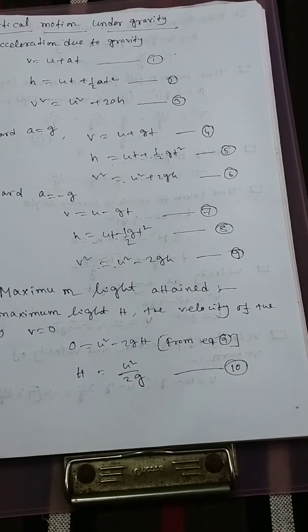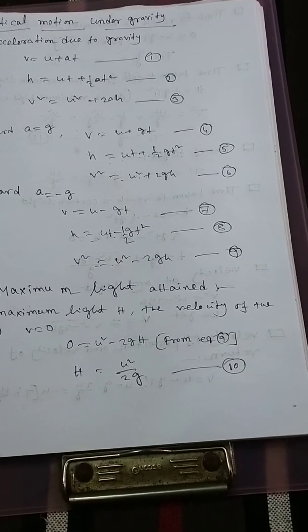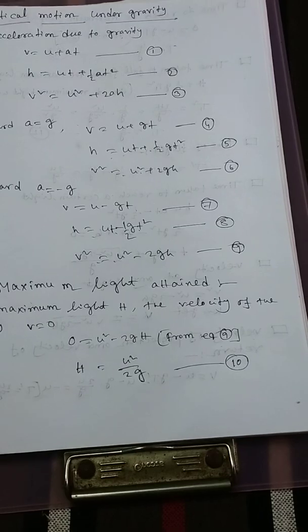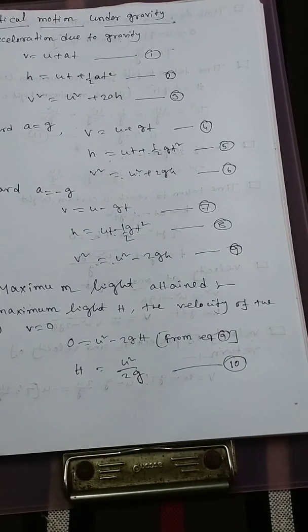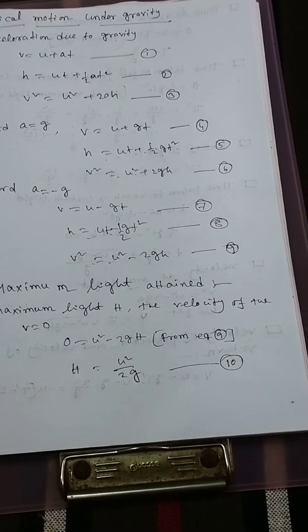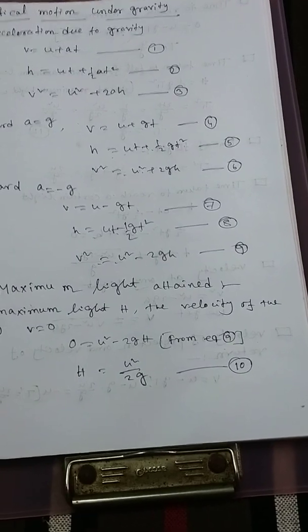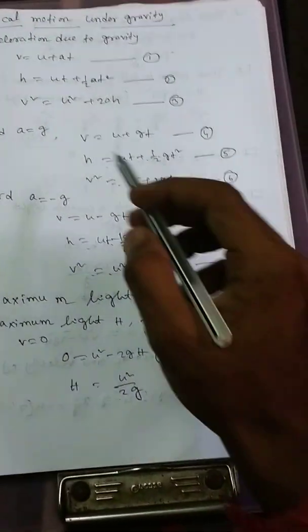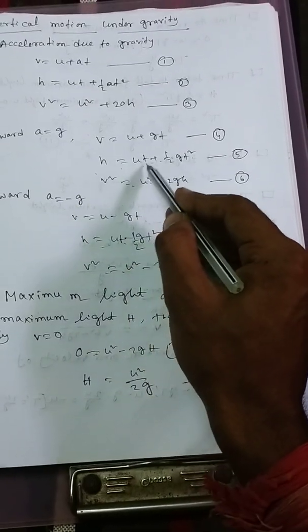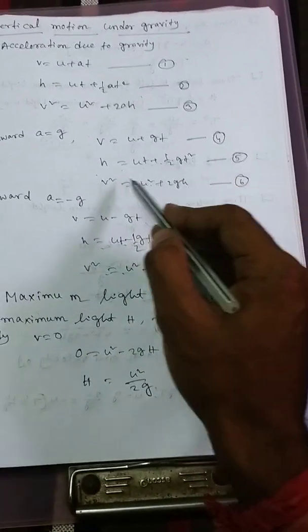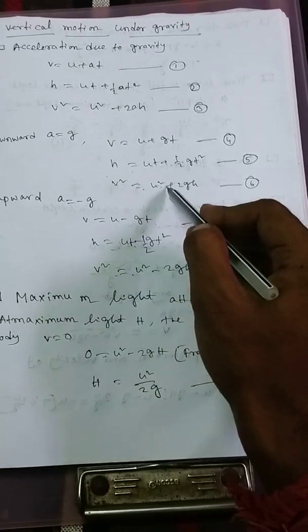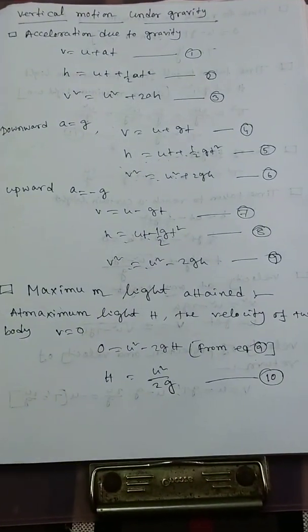If the downward direction is taken as positive, that means a equals g. Then we get the following equations of motion: v equals u plus gt, h equals ut plus half gt square, and v square equals u square plus 2gh.